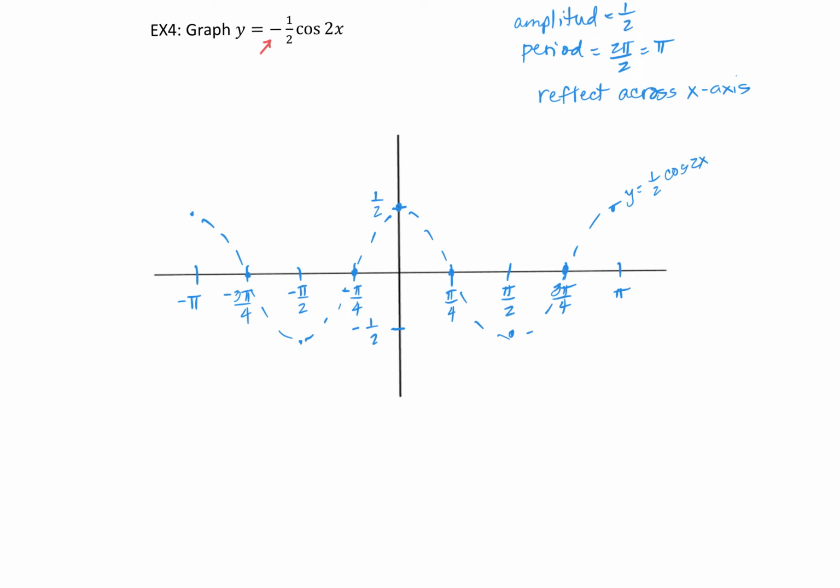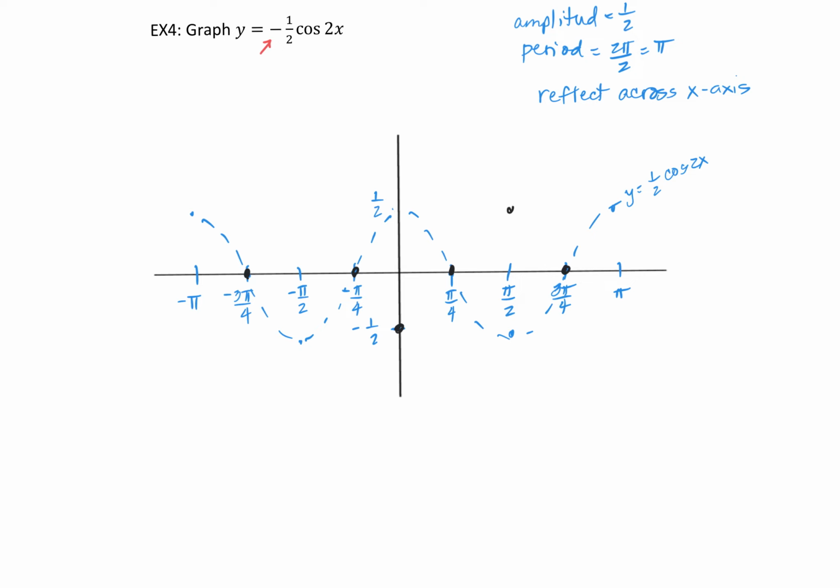Now my reflection, so I'll just go ahead and use black for my final graph. It's going to take any positive values. So if I'm at a positive 1/2, I'm going to bring that down to a negative 1/2. The zeros are going to stay where they are because remember the reflection is across the x-axis. So if you're at 0, that's going to stay. All the zeros are going to stay where they are. Just the positive values come down to negative.